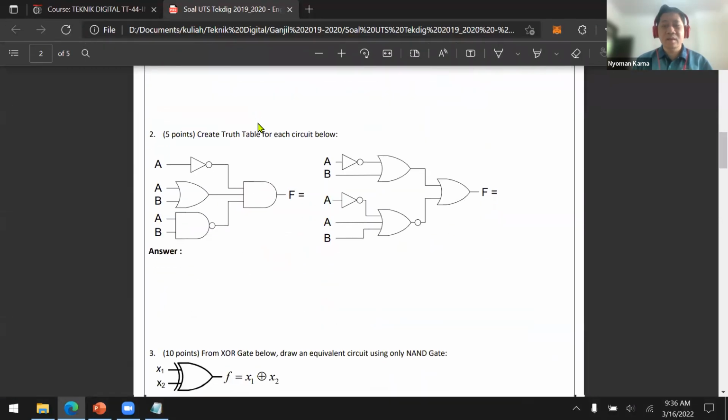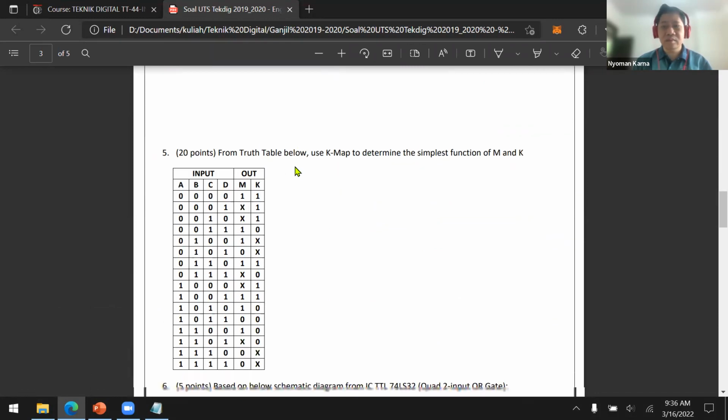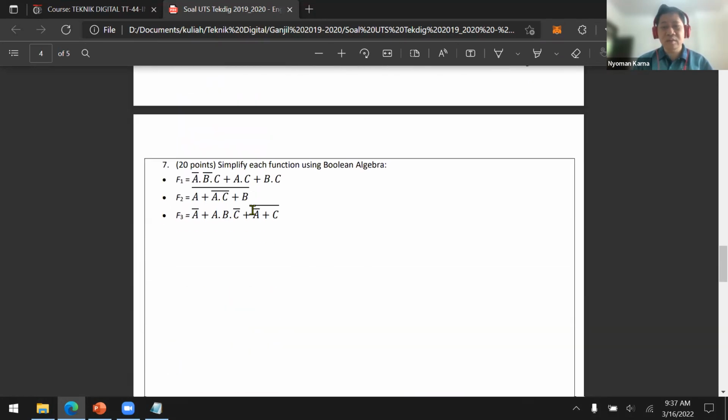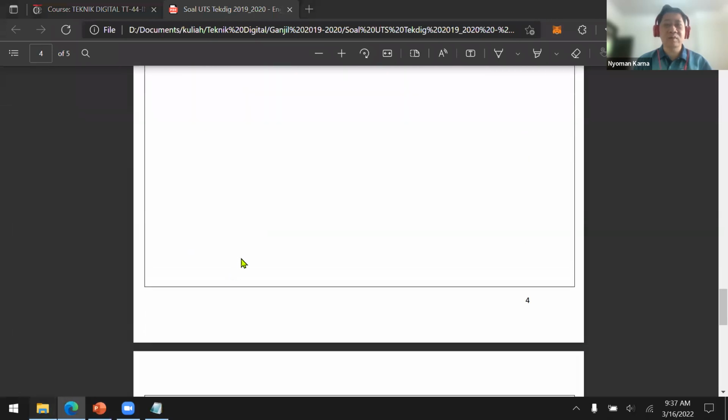Let's try to find out the Kmap question. This one actually already has a don't care, so we're going to skip that one. So we don't have a question from here.